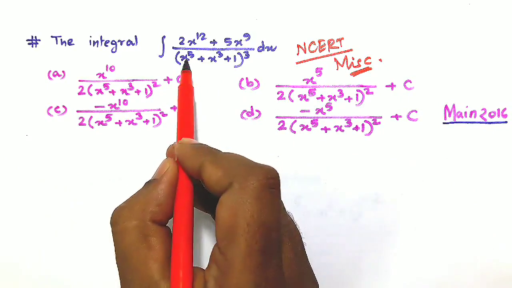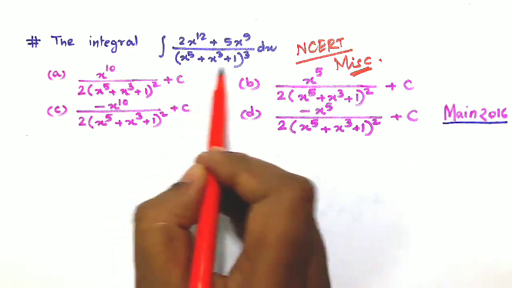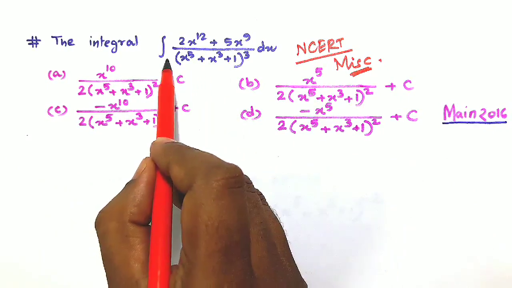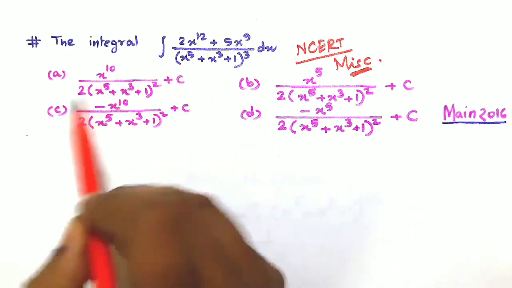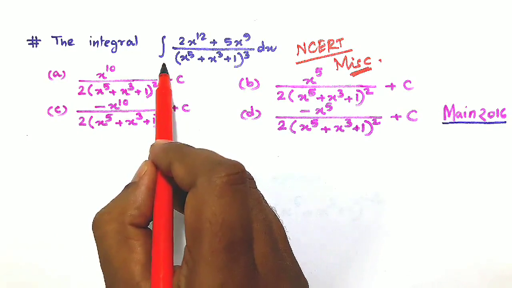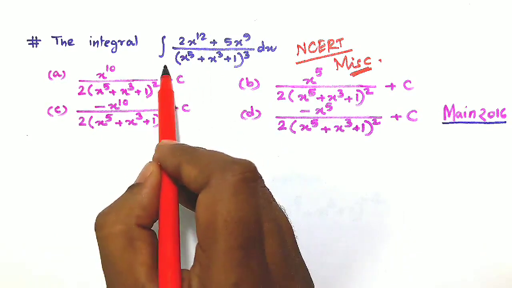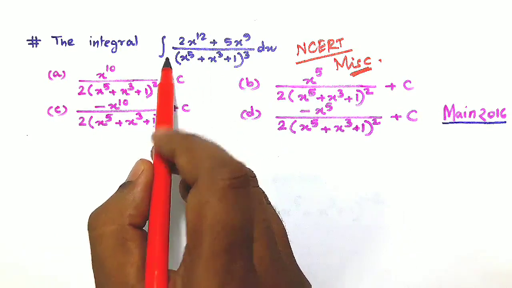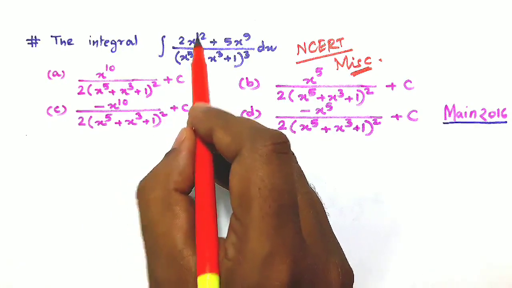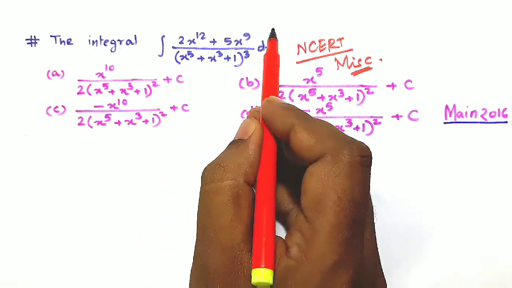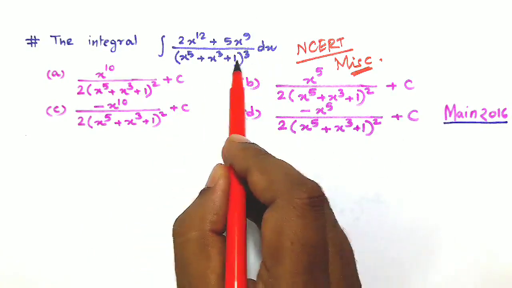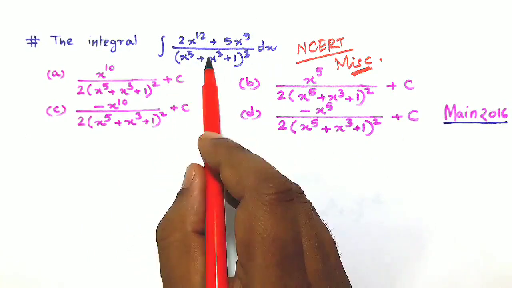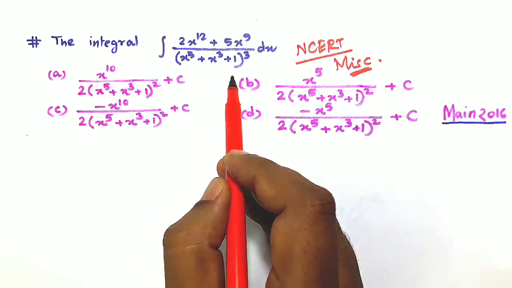You have to take x to the power 5 common. If you take x to the power 5 common from this one, then outside it will be x to the power 15, because there is a whole cube. So x to the power 15, and divide the numerator by x to the power 15. You will find 2 into 1 by x cube plus 5 into 1 by x to the power 6, and in the denominator it is 1 plus 1 by x square plus 1 by x to the power 5.